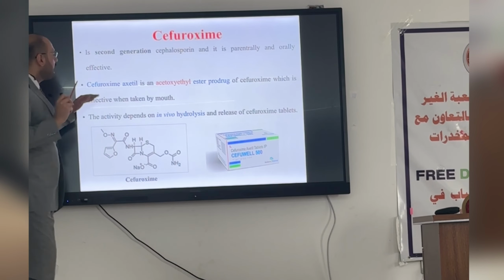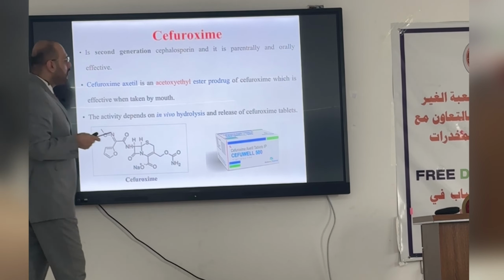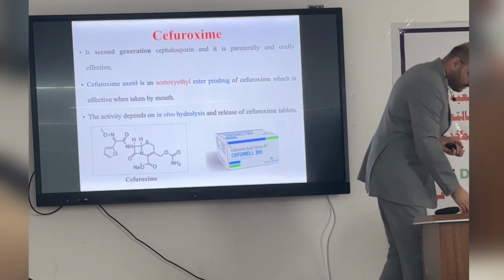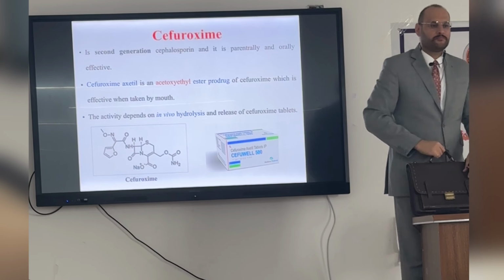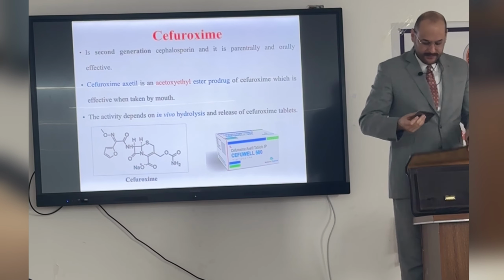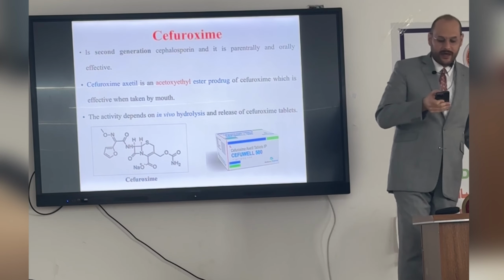Cephalosporin axial prodrug is not active, but inside our body it can get easily activated. If I ask you why do we use a prodrug? Better pharmacokinetic properties.